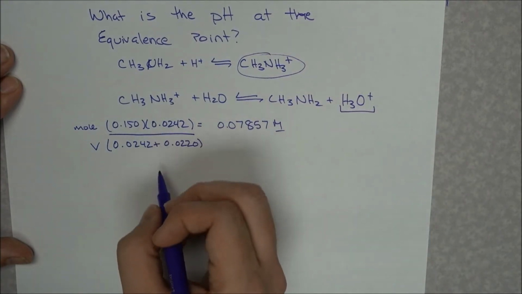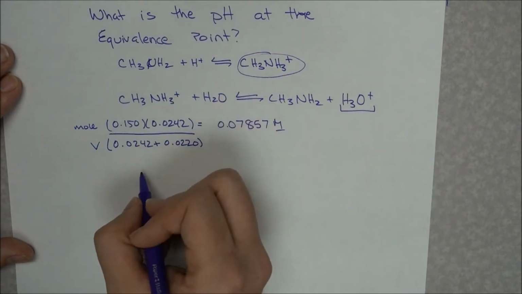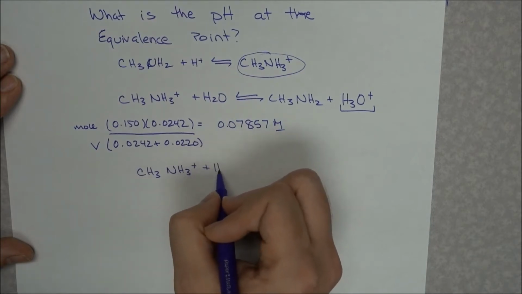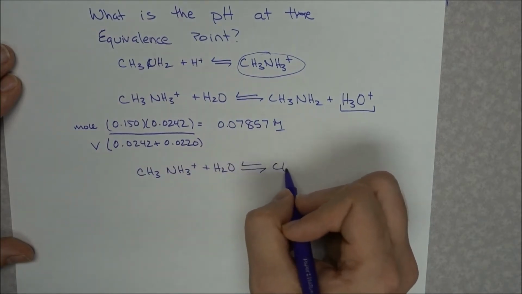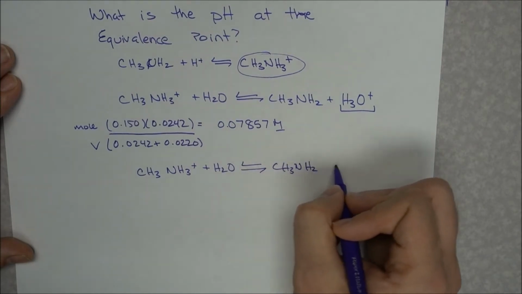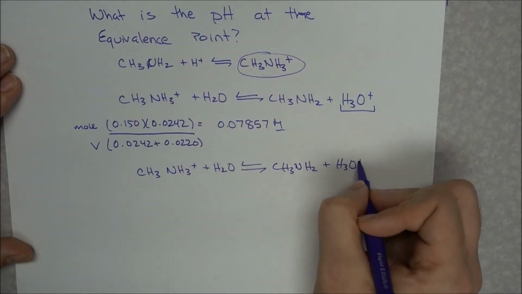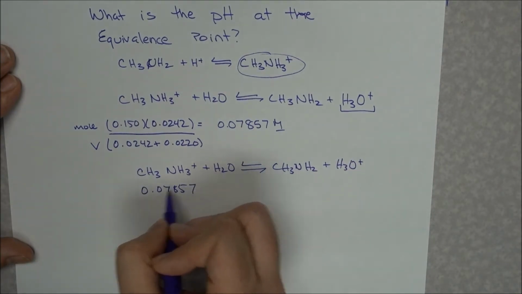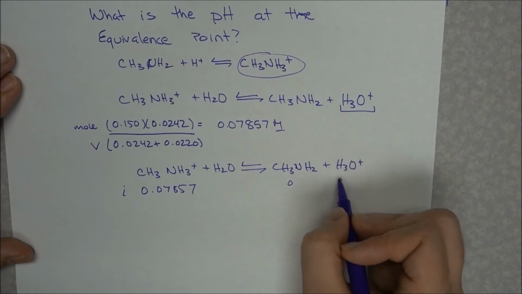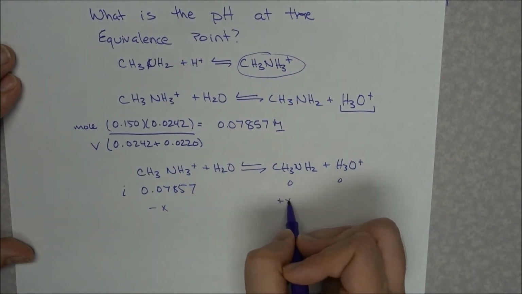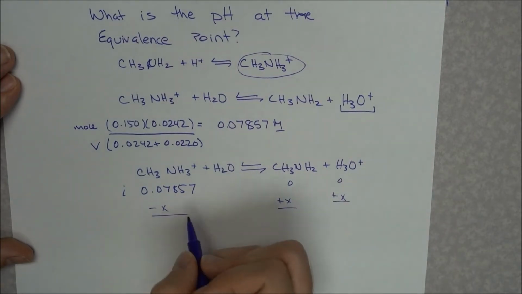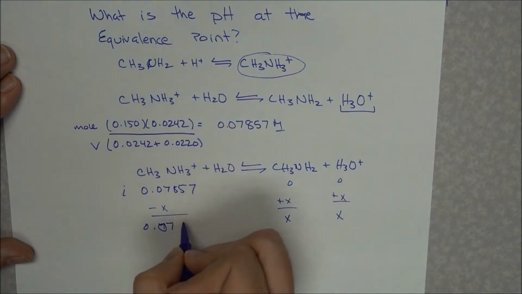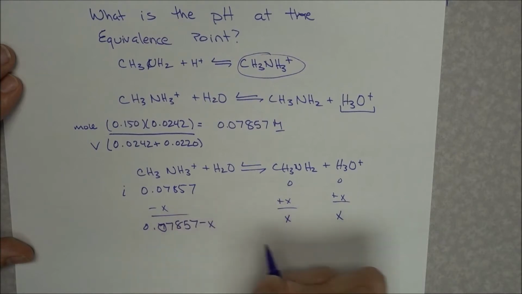Okay, so I'll rewrite this equation here just to be neat. And we've got this concentration initially. None of this, none of this. Some of this goes away, some of this forms. I've got x and x, and 0.07857 minus x.